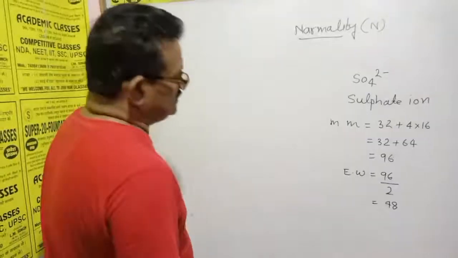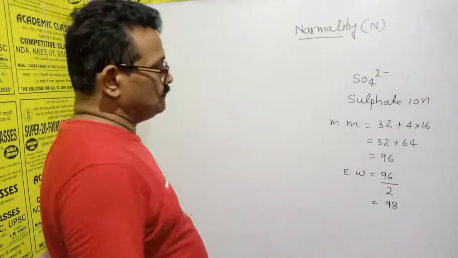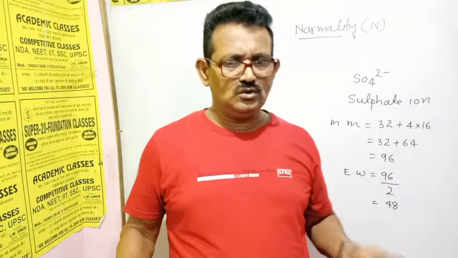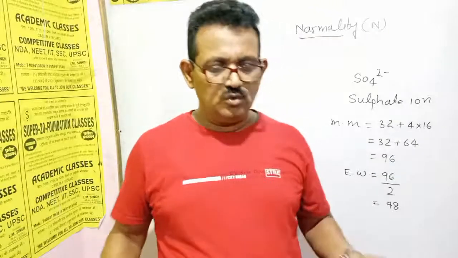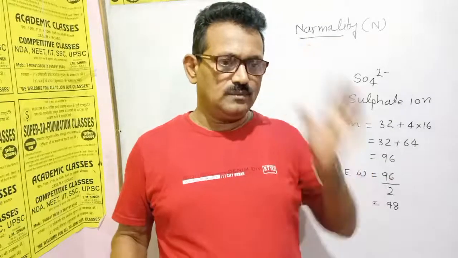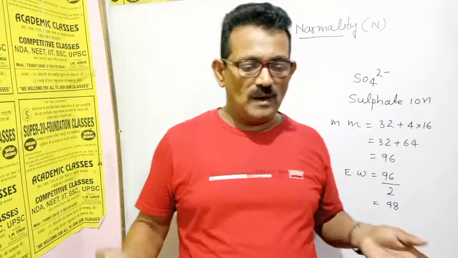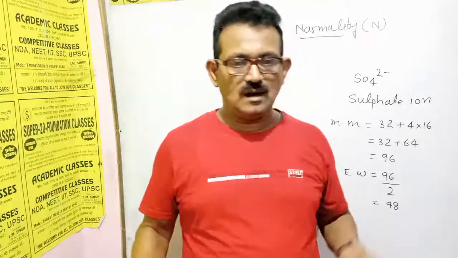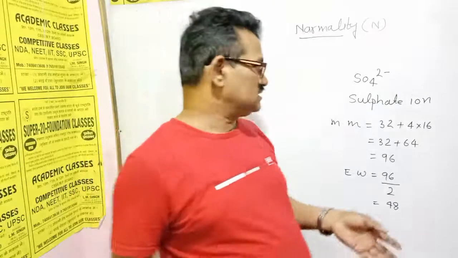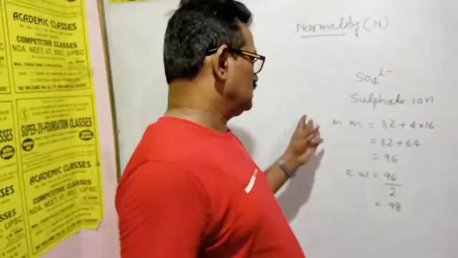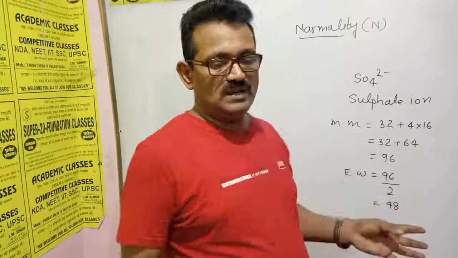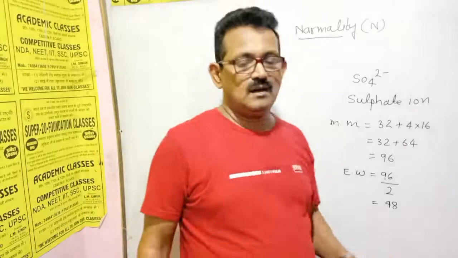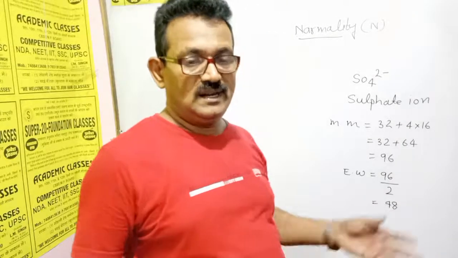Another example here, students. This is very important for you. How can you calculate the equivalent weight of any compounds or any radicals or ions? First I also describe what phenomena are used to calculate the equivalent weight of any compounds or radicals.